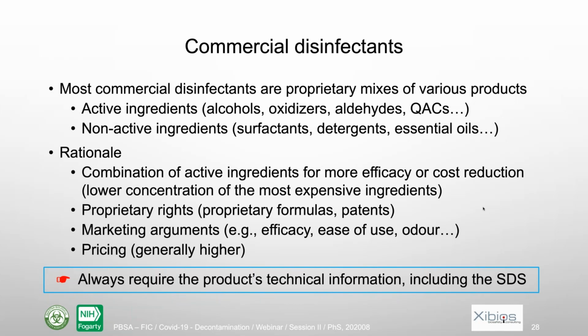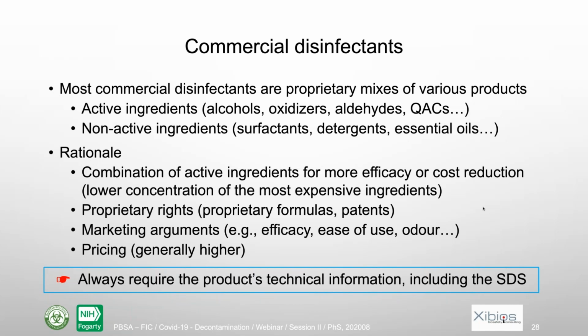So it's quite interesting for them. Also, since they have their own formula, they have proprietary rights. So they protect themselves from being copied by the competition with patents and so on. So their products are more or less unique, even if some copy them.